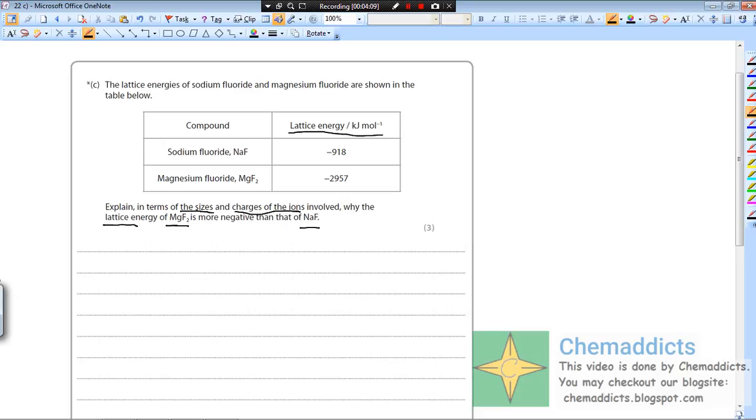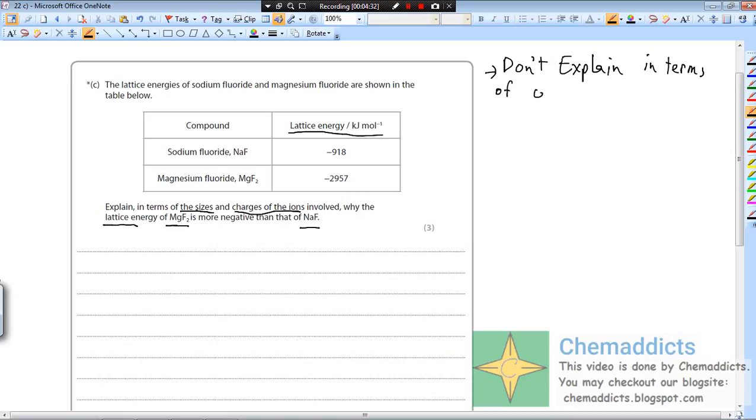Okay. So before answering this question, let us write some of the important things. The first thing is, don't explain in terms of covalent character.